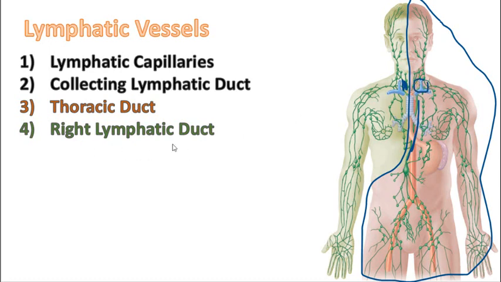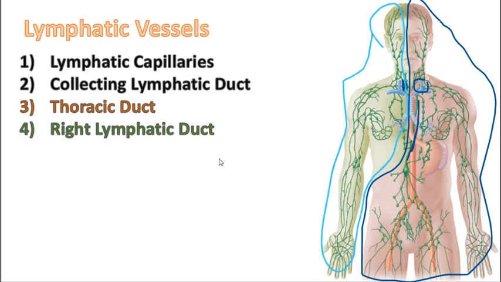The right lymphatic duct collects the lymph from this half of the body, from the right hand and a portion of the right head.